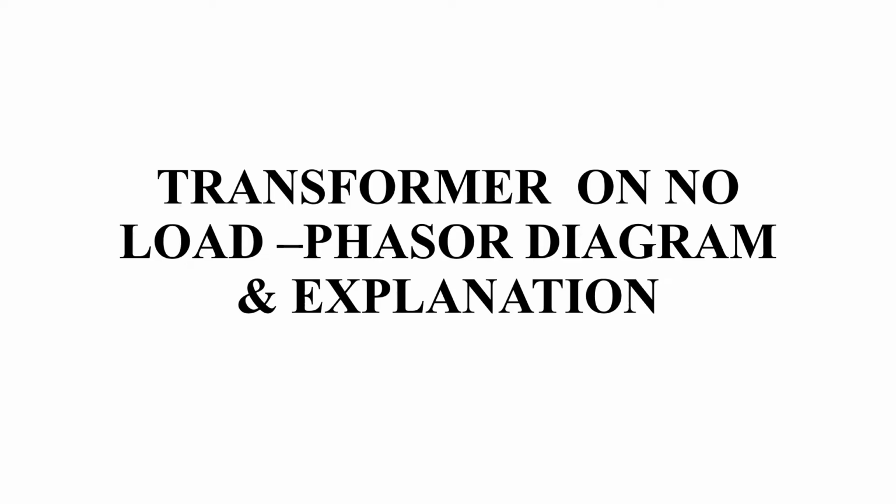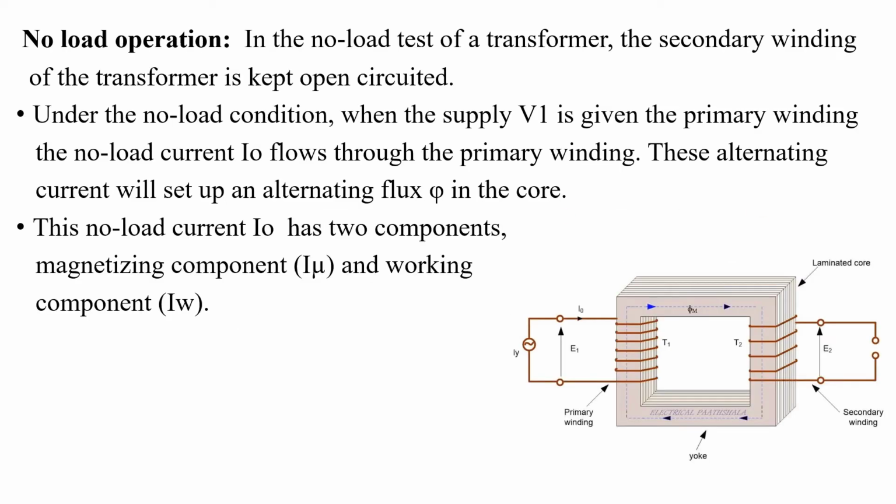Here in this video we will see the phasor diagram of a transformer under no load condition. No load operation means no load. Normally we give input supply to the primary side of the transformer and the load is connected to the secondary side.